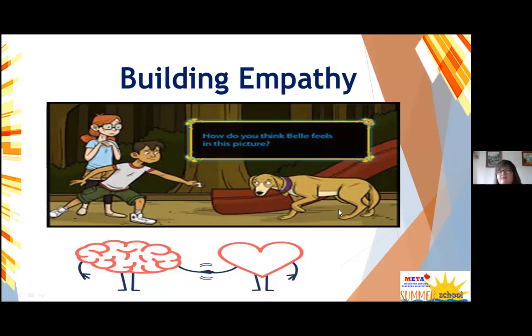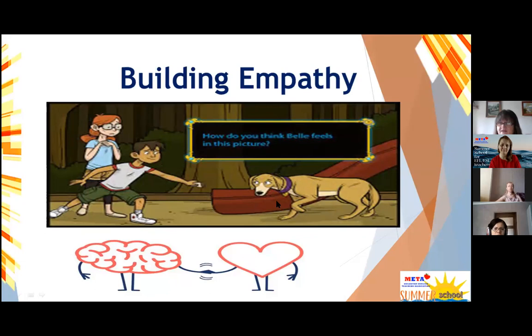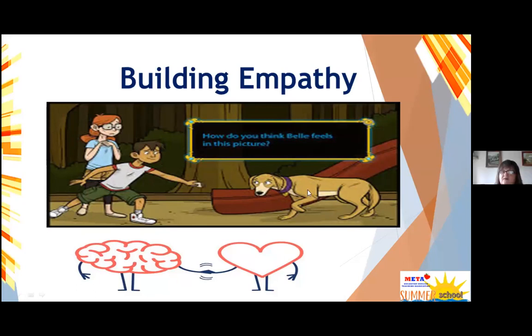Now let's look at the dog. Look at the expression of the dog's eyes, the dog's muzzle. So, what does the dog feel? Scared also. Oh, the dog is scared. Well, what else? But he's not aggressive. No, not at all. That's right.